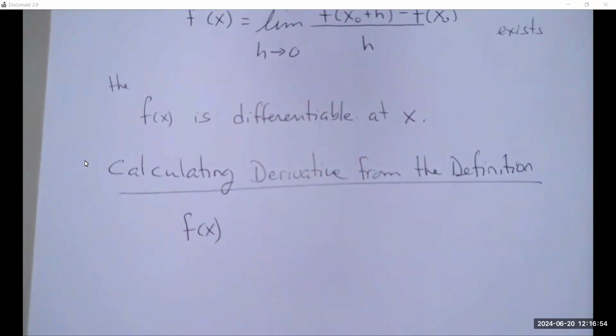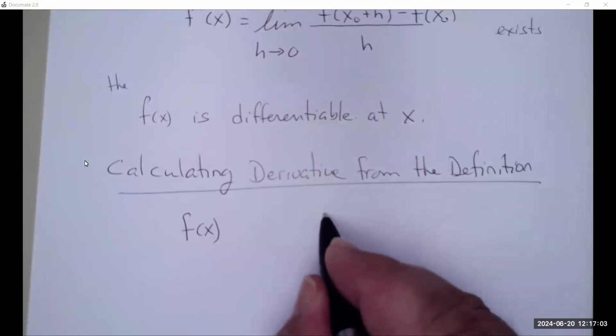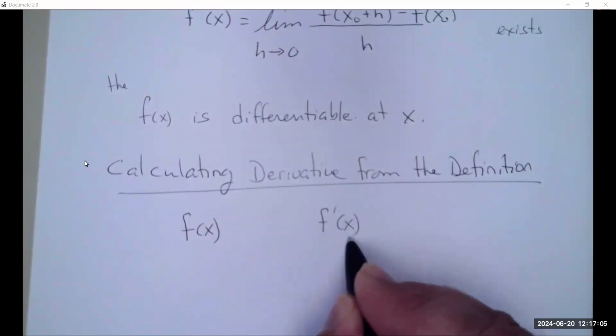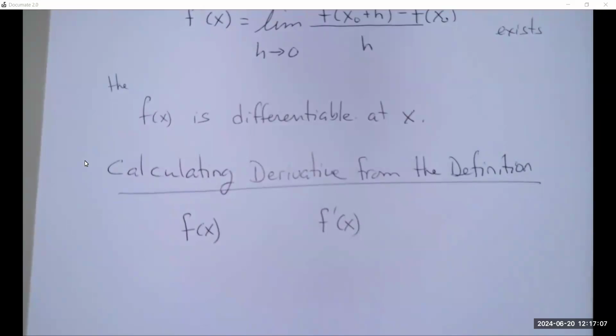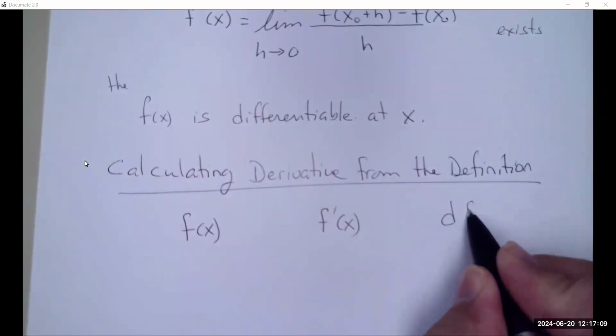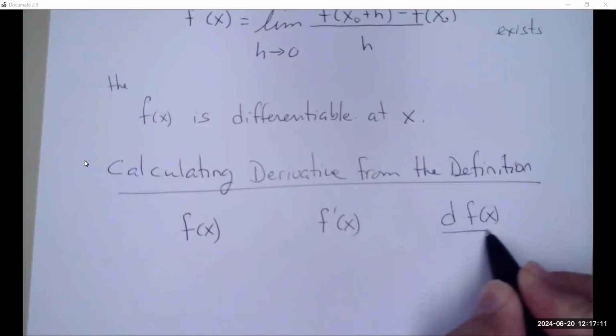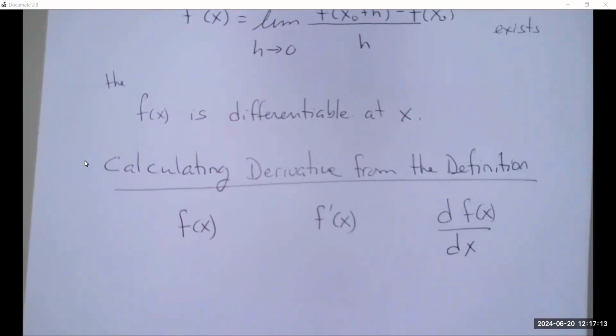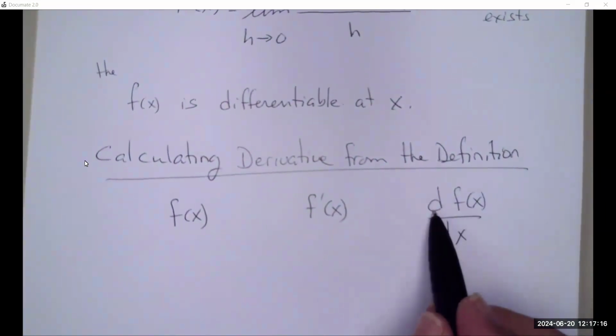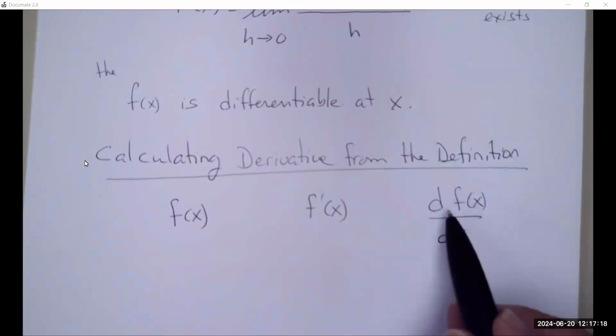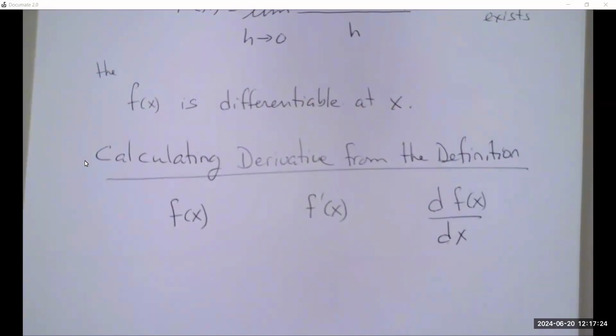There are different ways of writing the term derivative. If f of x is a function and the derivative exists, we know that we could say this. We can also say this, that d means it's differentiable: the differentiable function f with respect to the variable x.